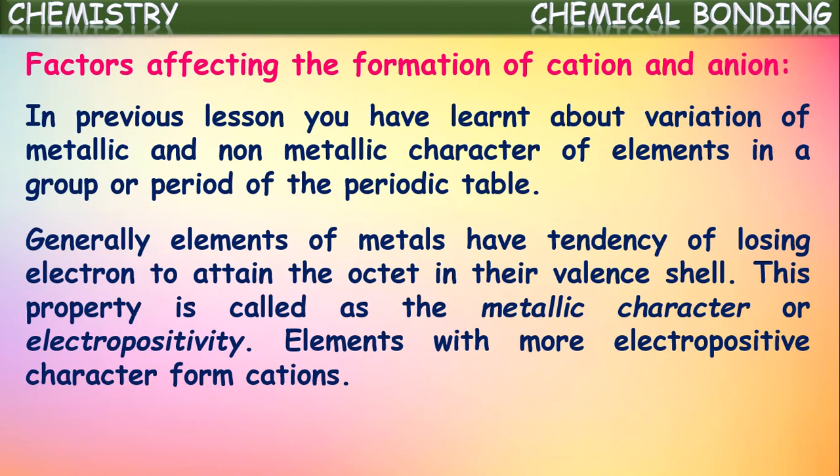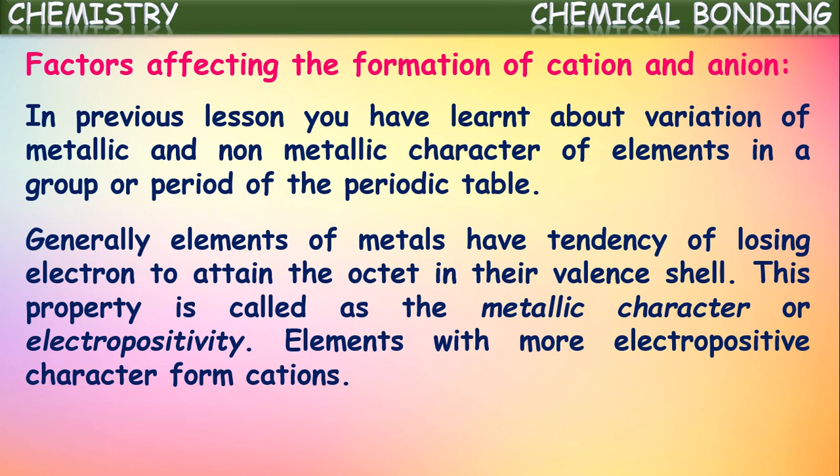Now let us see. Generally, metal elements have a tendency of losing electrons to attain the octet in their valence shell. Metals generally have 1 or 2 or 3 valence electrons in their outermost shell. That is why metals have the tendency of losing electrons, and thus they attain the nearest noble gas octet configuration.